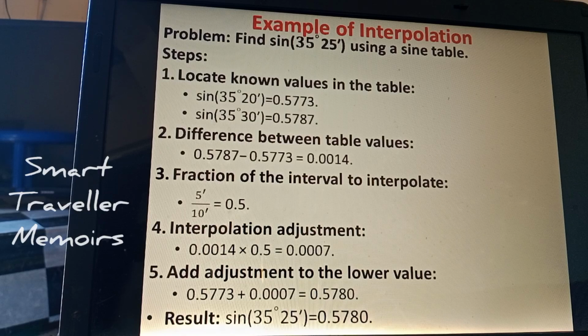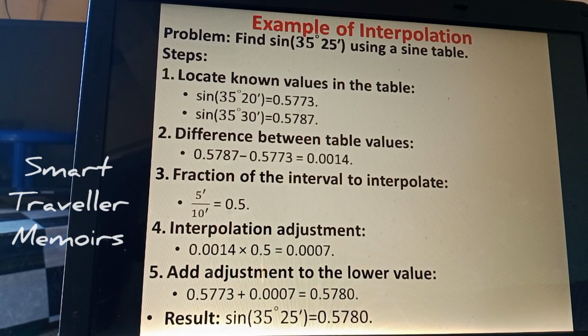The difference between table values, so 0.5787 minus 0.5773, will give you 0.0014. Fraction of the interval to interpolate is 5 minutes over 10 minutes, which is equal to 0.5.